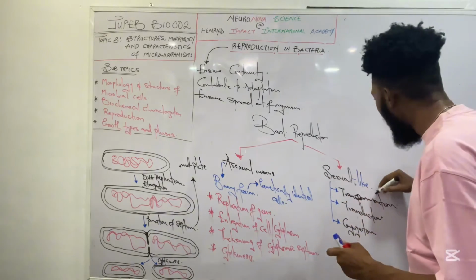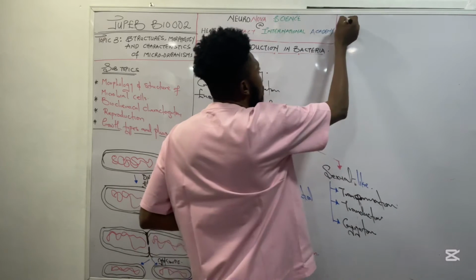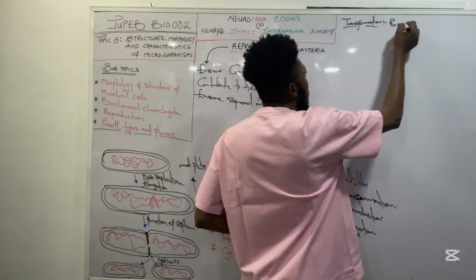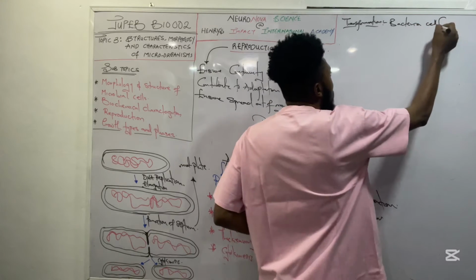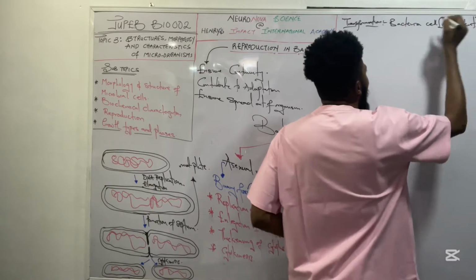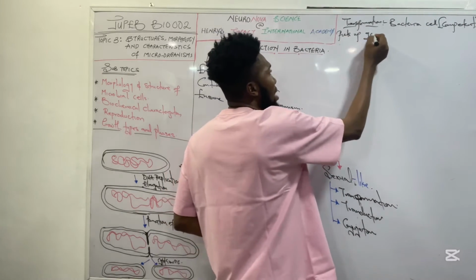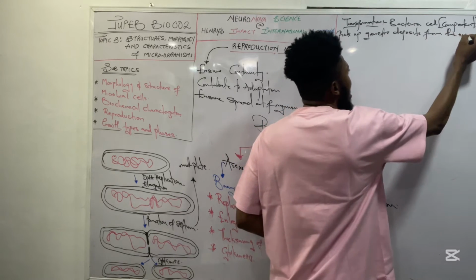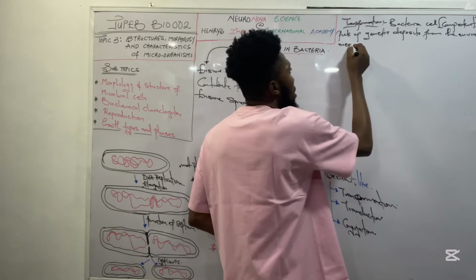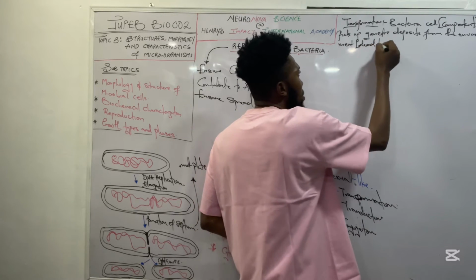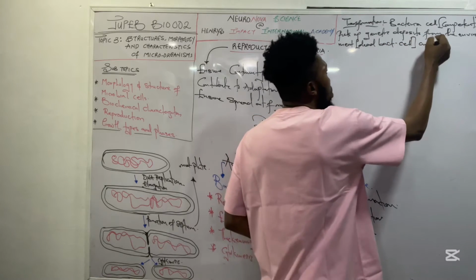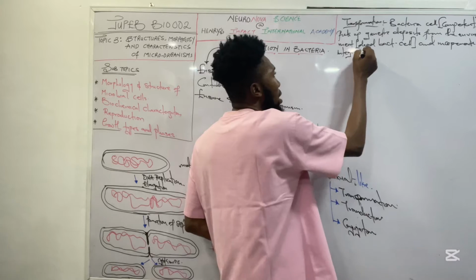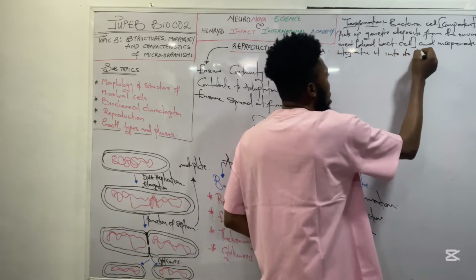So basically, you want to be able to take note of the fact that in transformation, the bacterial cell, in brackets the one we call competent, the competent bacterial cell picks up genetic deposits from the environment, which is probably from a dead bacterial cell, and incorporates or integrates it into its genome.